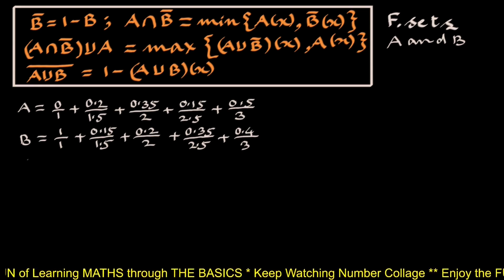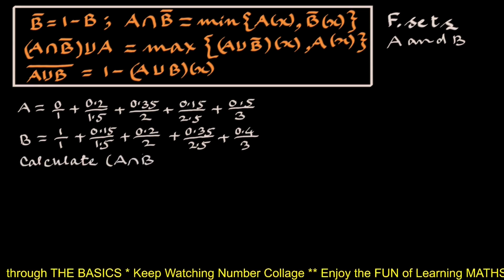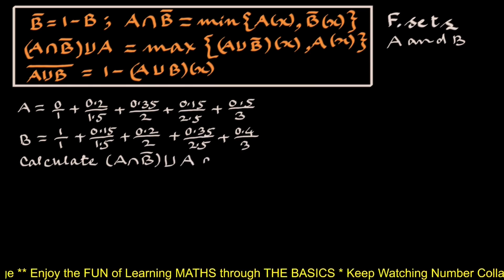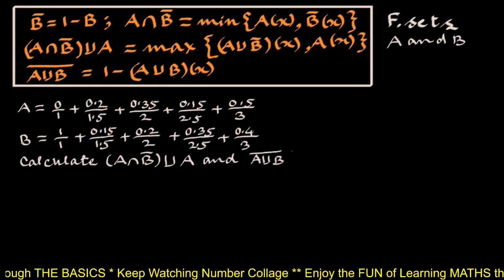We have to calculate (A intersection B bar) union A, and (A union B) whole bar.